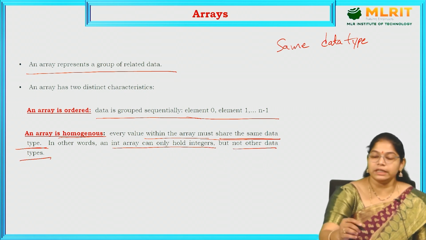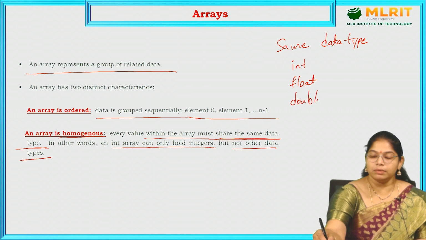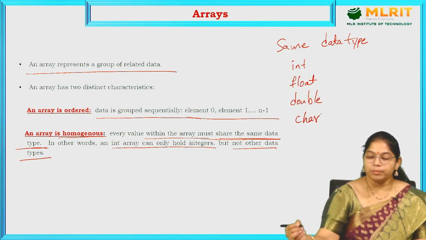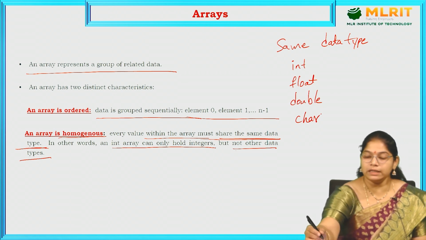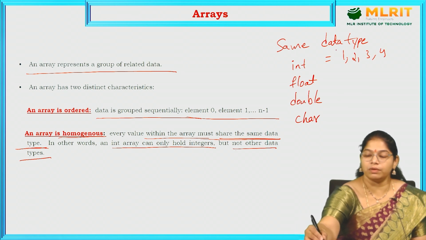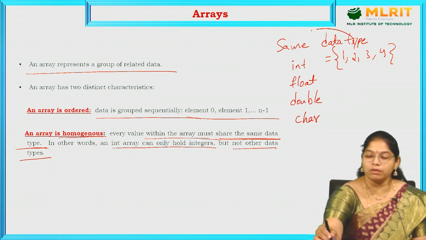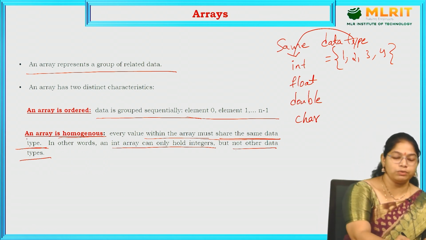Let us suppose the data types we already discussed. The data types are int, float, double, char. These are the primary data types. Like if I want to store integer type values, let us suppose 1, 2, 3, 4, then all the values must be of the same type if we are using an array.